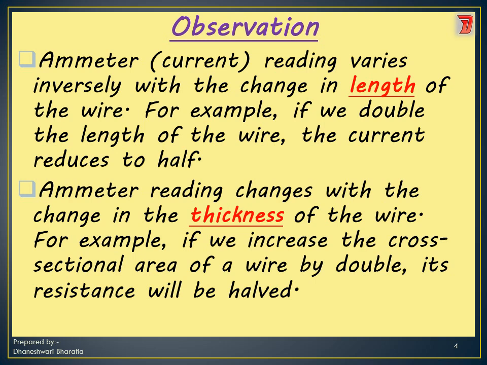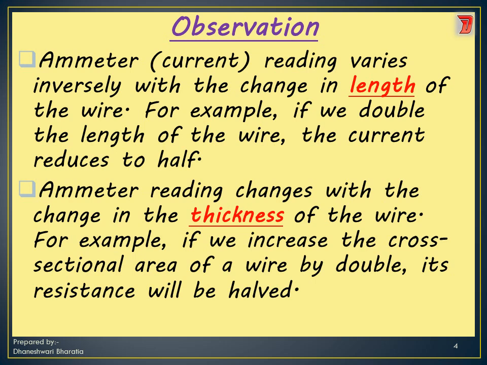In the second one, because the thickness is increasing, what will happen? Resistance will decrease, resistance will become half because the thickness is increasing, okay? So because resistance is decreasing, obviously the current will be increased.